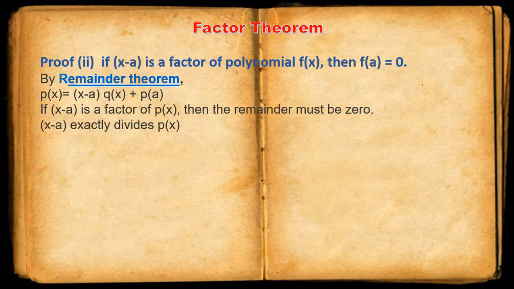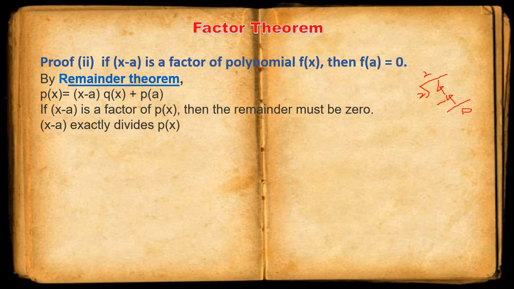If 2 divides 4 and we get remainder equal to 0, in this sense we say that 2 is a factor of 4.